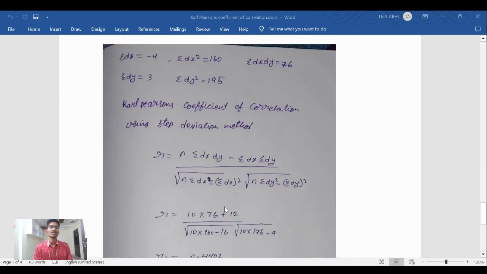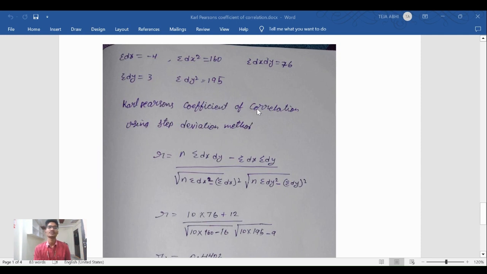From the table we get the values: summation dx is equal to minus 4, summation dx square is equal to 160, summation dy is equal to 3, summation dy square is equal to 195, and the last value, summation dx into dy, is equal to 76.